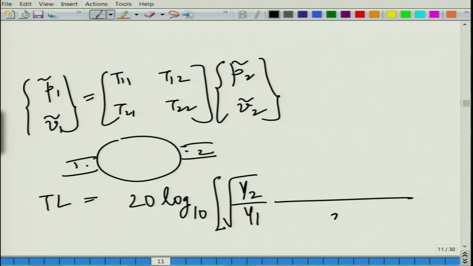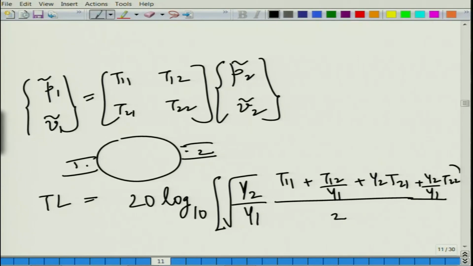So, we have this, and here we have this sort of a thing, isn't it?